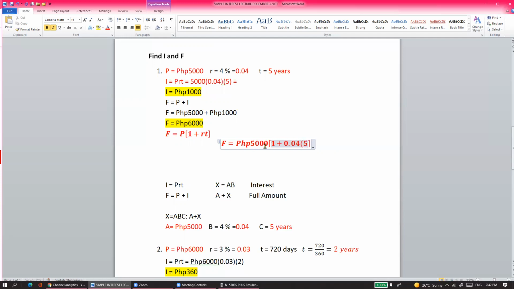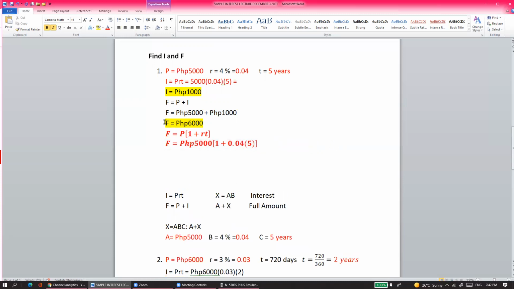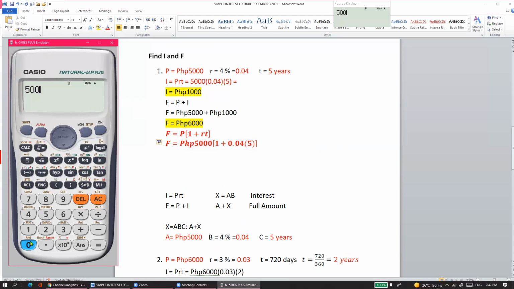So, I'll type 5 inside the bracket. Now, to calculate, again, I'll use the calculator and you will see that you will again obtain 6,000 pesos as full amount.